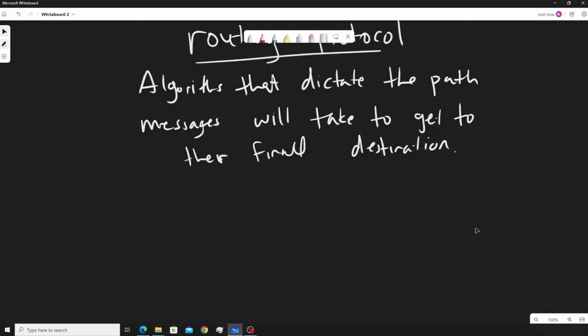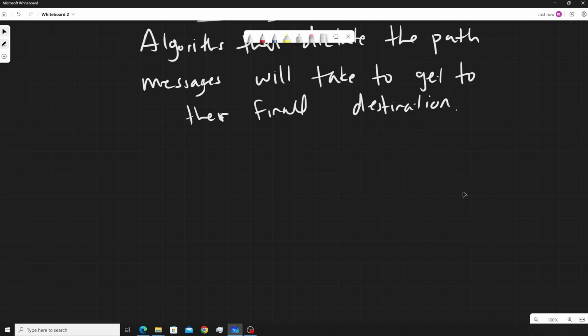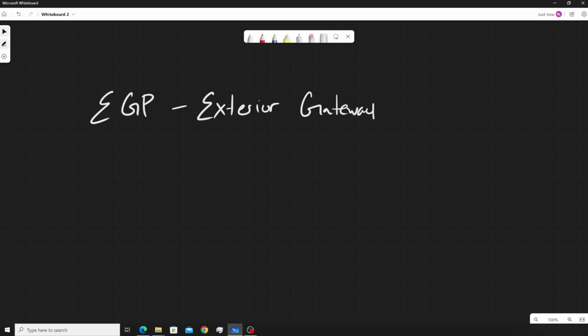With regard to routing protocols, they fall into two major categories. We have exterior gateway protocols, EGPs, and we have interior gateway protocols, IGPs.